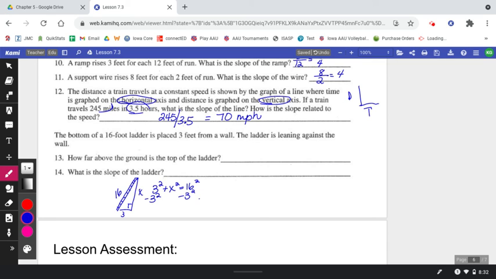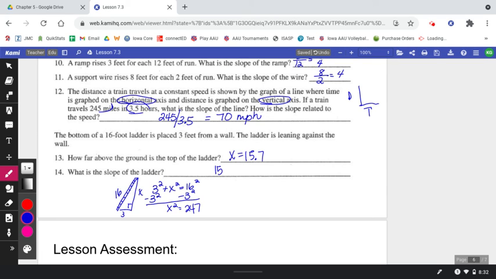Subtract 3 squared from both sides. So x squared equals 256 minus 9, which is 247. And then I take the square root of 247, and I get x to be 15.7. So that's my vertical.